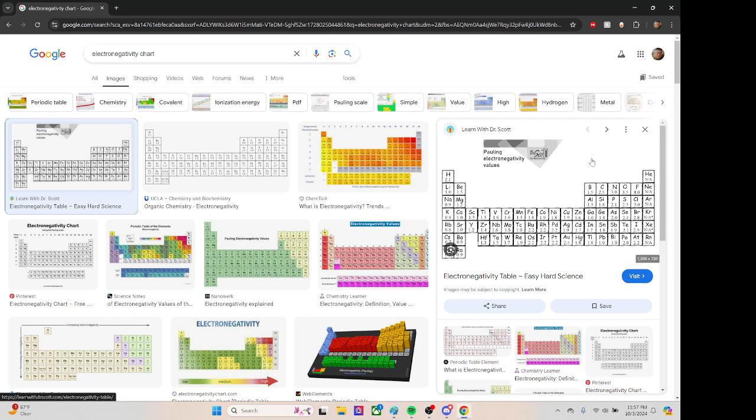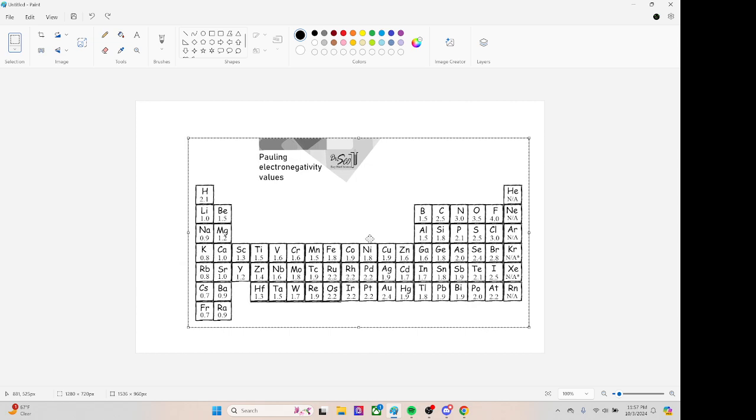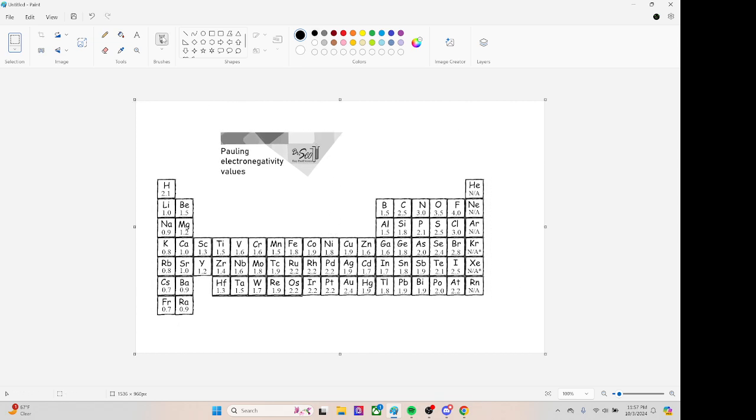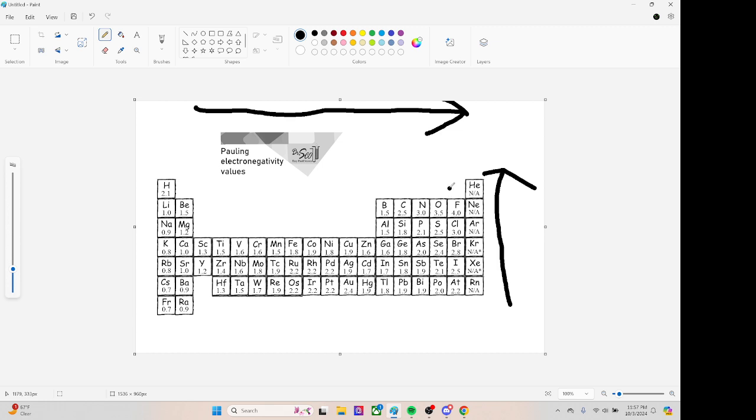I'm not really sure if in class you have to memorize the electronegativity, but the rule of thumb is that it starts to increase as you go this way, and it also increases as you go this way. So it ultimately piles up over here in this range.